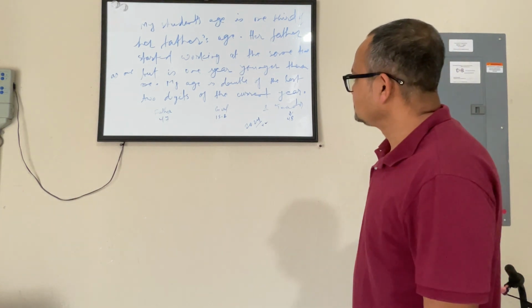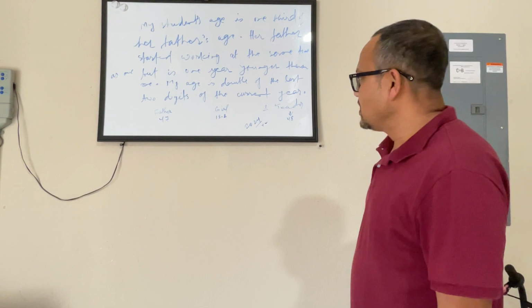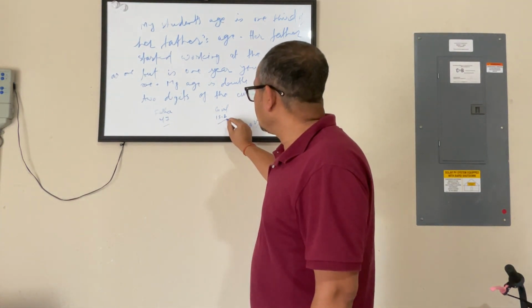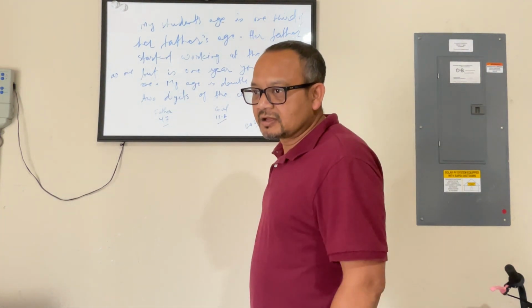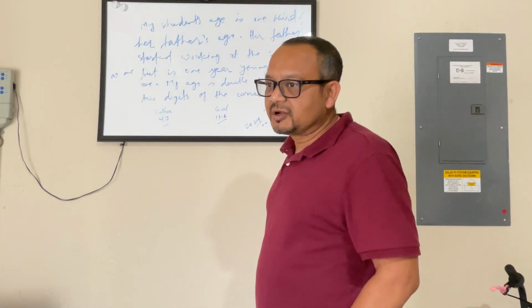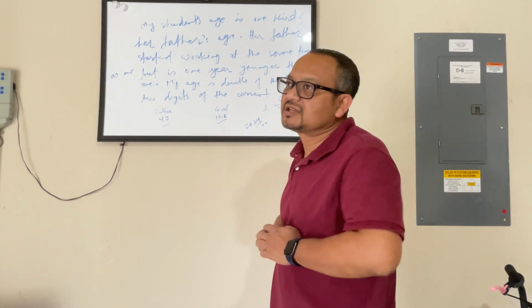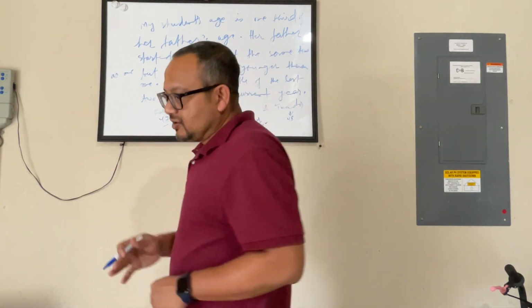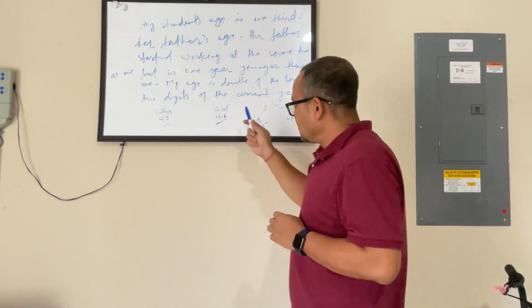And then I divided it by 3 because the girl is 1/3 of the father's age. So the girl's age would be 15.67, right? 47 divided by 3 should be 15.66 years. Or I would say, you first do it, then I will tell you what I would do.